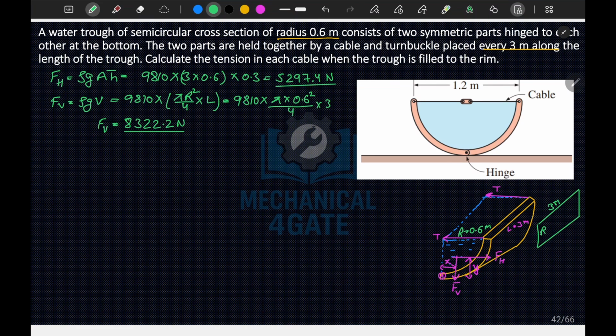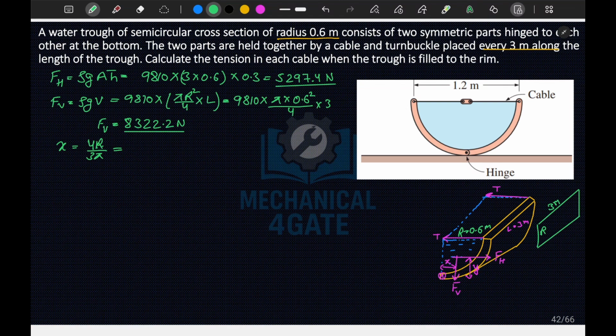If I want to write dimensions x and y, x is the CG for this semicircular section. CG for a semicircular section is 4r by 3 pi, which is equal to 4 into 0.6 divided by 3 pi, and r is 0.6 as given.